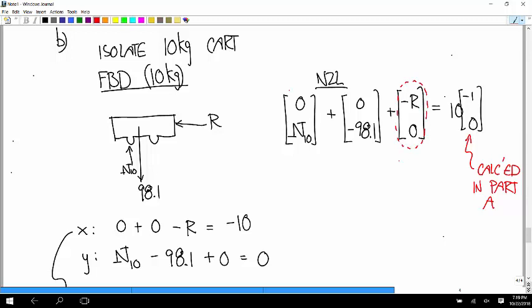This here is the force on the 10 by the 20. We just didn't know what R was yet.